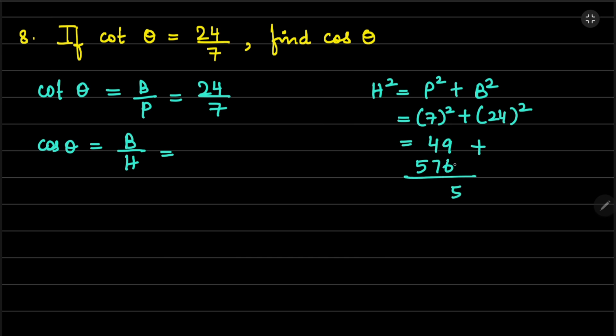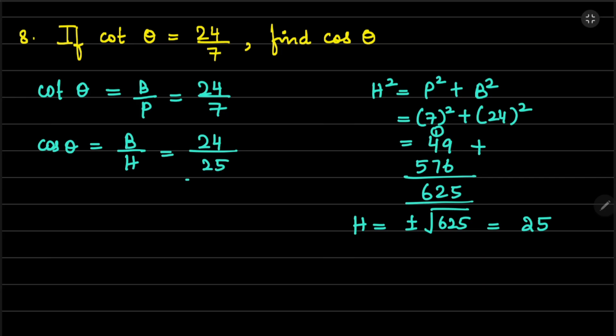Okay, so 9 plus 6, 15, 5, 1, 12, 625, you are getting H square. So H is equal to plus or minus root of 625, which is nothing but just 25. Okay, so therefore cos theta will be B, which is base, 24, by H, which is 25, and that's your answer.